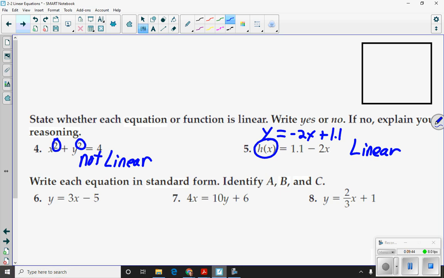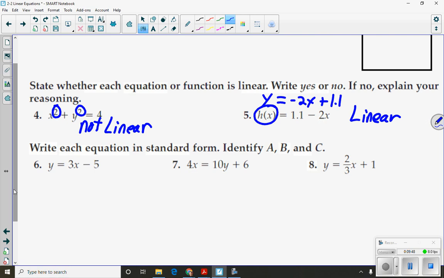Okay, what if they say write it in standard form? Well, number 6 here says, that's my favorite slope-intercept form, but how do I go back? Well, I know the x has to come first. So I've got 3x. I'm going to put that onto the other side by minusing 3x, minusing 3x. Well, you can't combine 3x and a y because they're two different letters. So I'm going to leave it as minus 3x plus y equals minus 5.